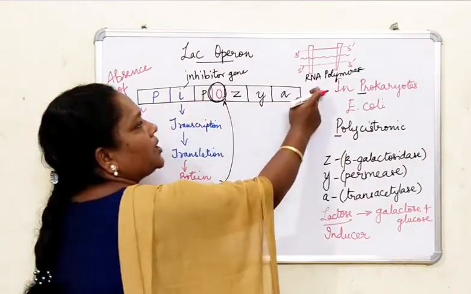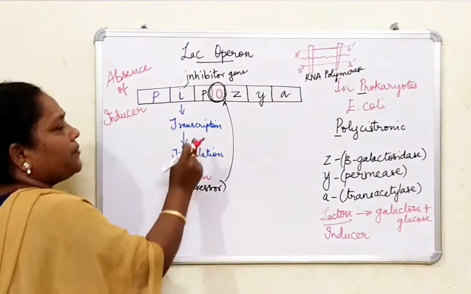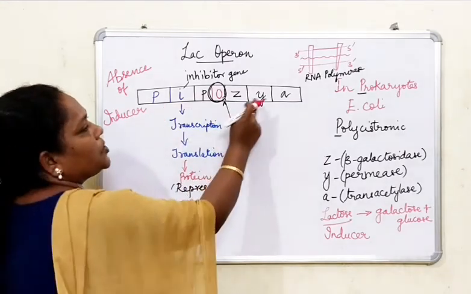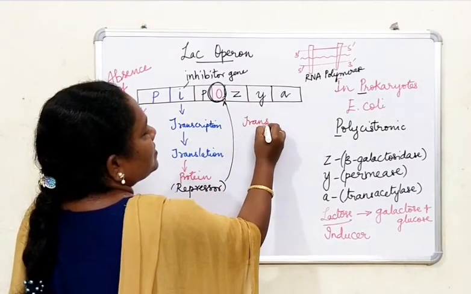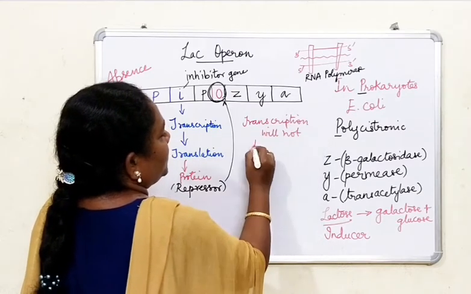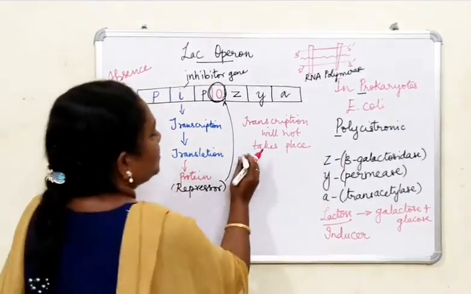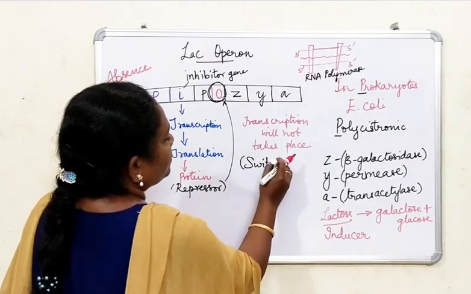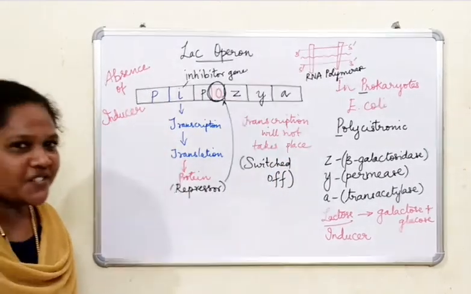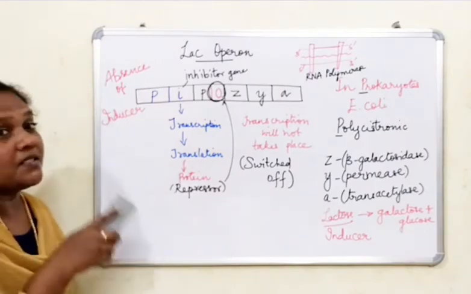Only if RNA polymerase binds to the promoter will transcription take place. So if it does not bind, transcription will not take place. In that case, you call that switched off. Understood?